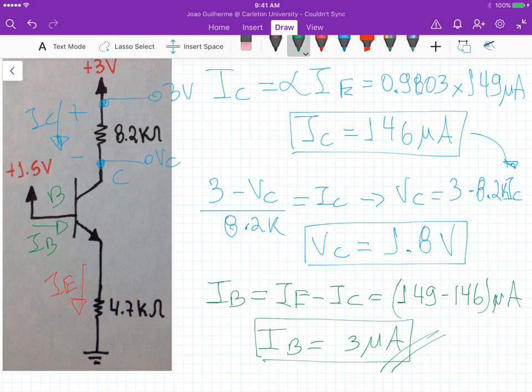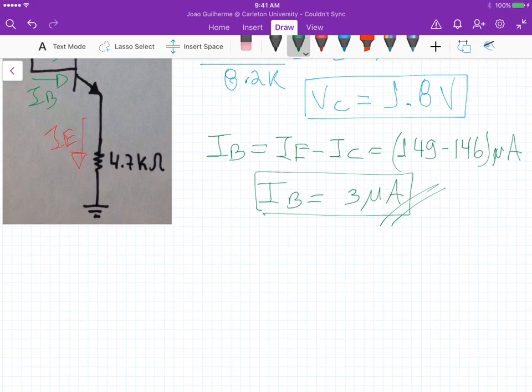There are other equations that we can use to calculate the current at the base. One of them is that we know the current at the collector is the same as beta times the base current. So if we know beta, which we know from the problem, we can use that to also calculate IC.